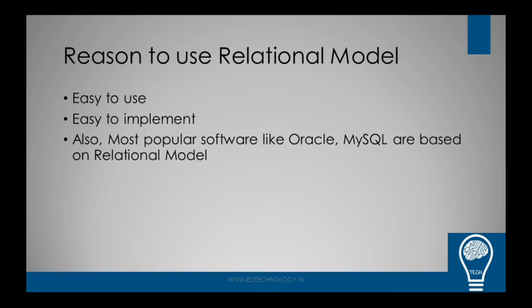Also, most popular database software such as Oracle and MySQL use the relational model for storing the data and converting it into information form. So that is why people prefer the relational model.